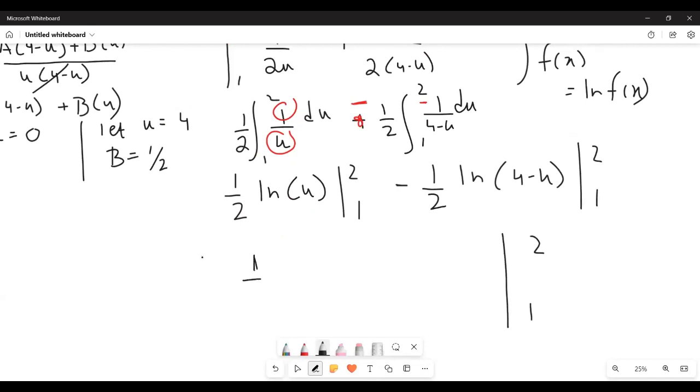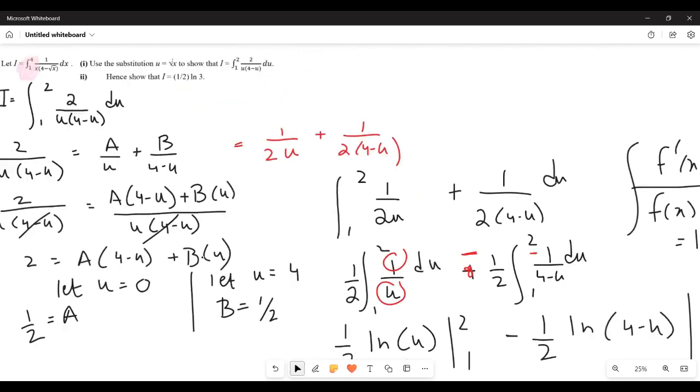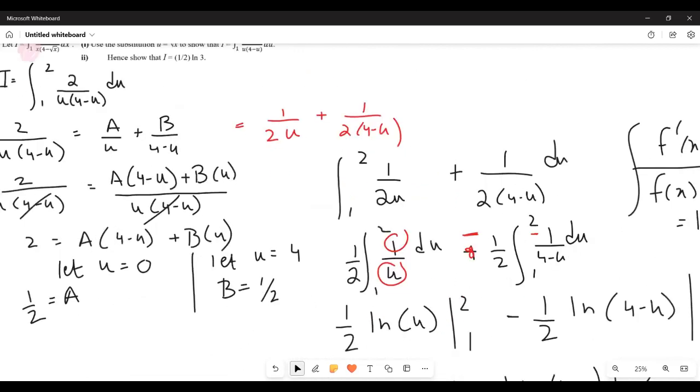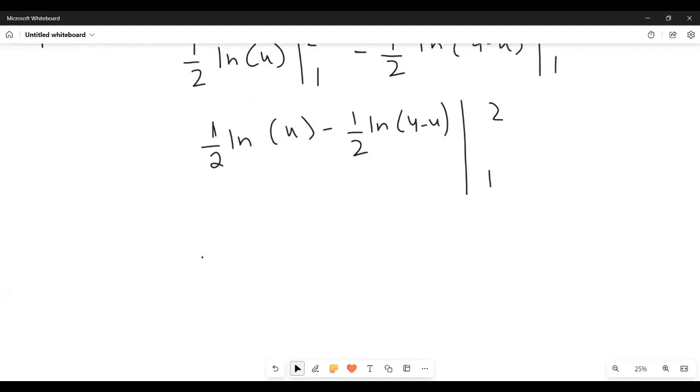That makes the job easier. So it's going to be half ln u minus half ln(4 - u). And now apply the limits 2 to 1. I think इसका answer exact form में दिखा. Yes, half ln 3 आना चाहिए. So you can't just substitute everything in the calculator.